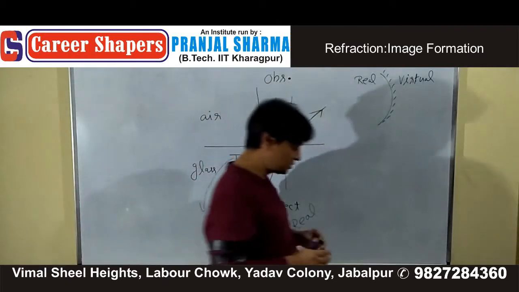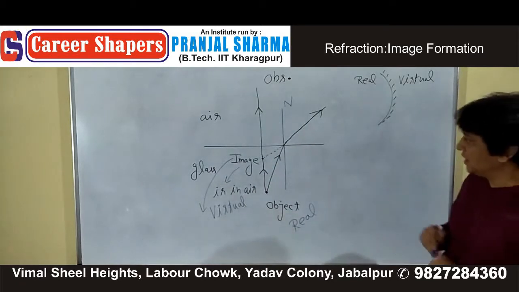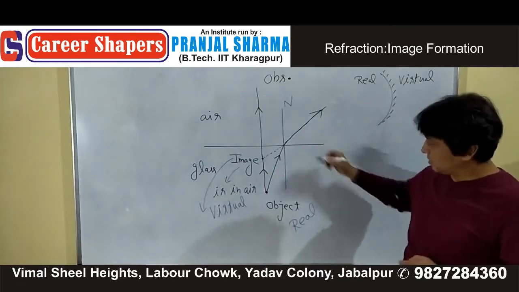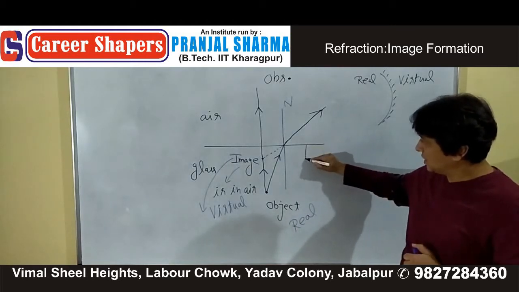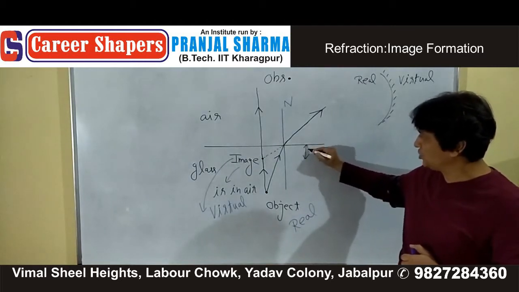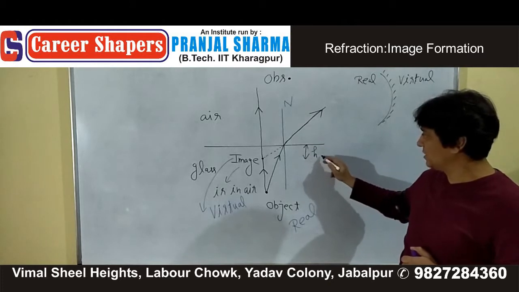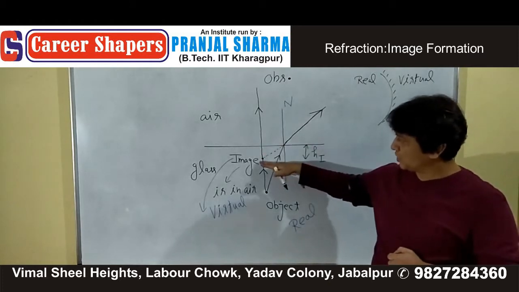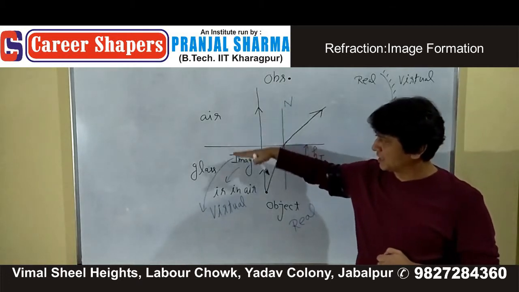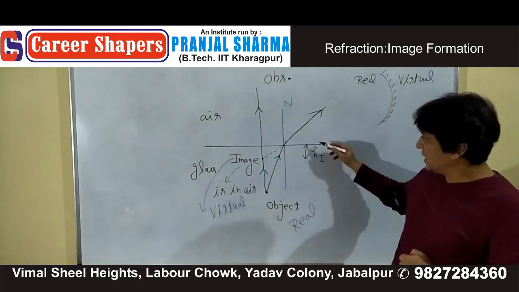Now let's find out the relation between the position of image, which is HI. HI is the position of the image from the air and glass interface.